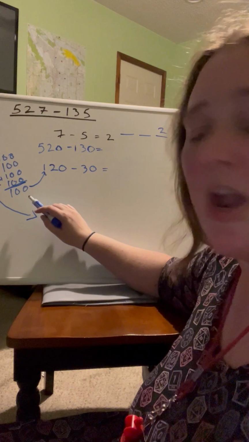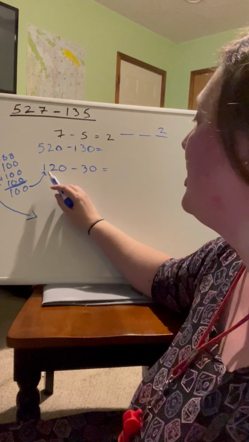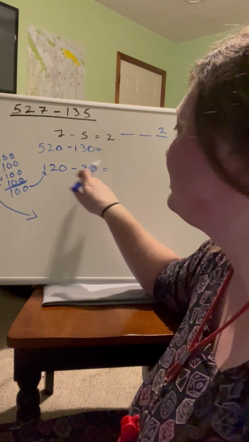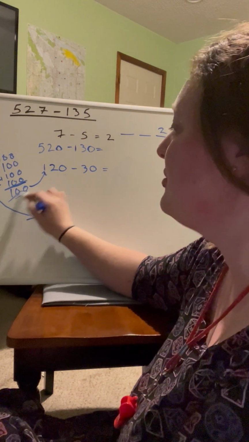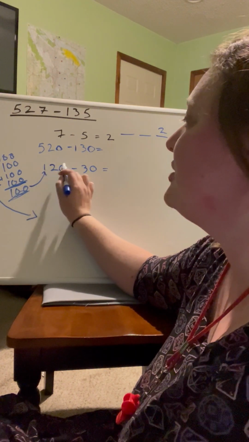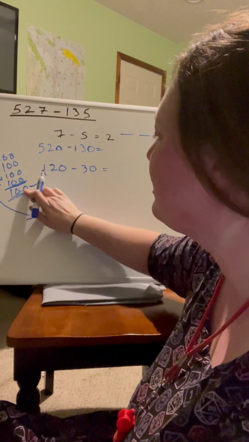But we've got this 100, which now becomes 120, which is bigger than 30. Now, again, this 100 is staying as 100, and so it's not going to join into our 20, and I think it's a little easier to understand this way.